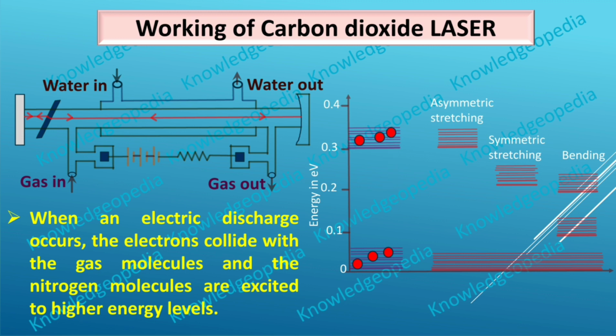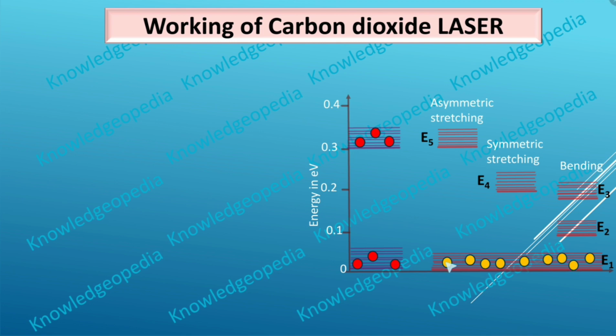So what happens next? Now we will consider the carbon dioxide molecules at the ground state. The yellow ones over here are carbon dioxide molecules, and the red ones are nitrogen molecules. Further, I have marked these different energy levels for easy discussion.